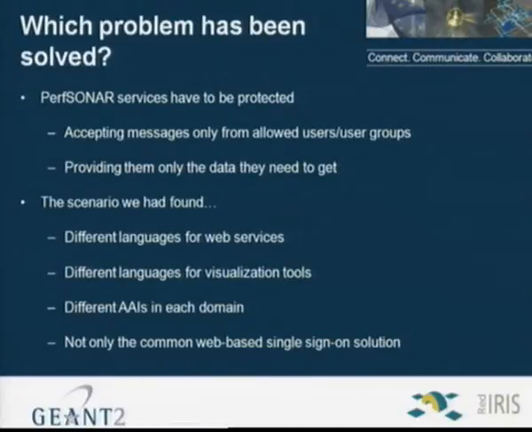Also, we have different technologies for AAI in each domain, so it's complicated because, okay, in France they are using SAML, and in Spain we are using PAPI, so we have a curious problem here. It's not only the typical web-based single sign-on solution here. The non-web applications are more important here than the web ones. So it's a new challenge.